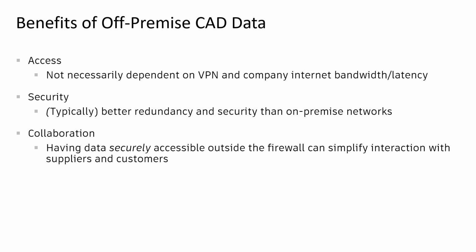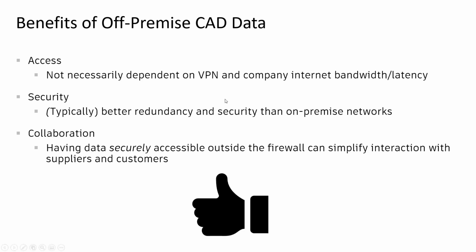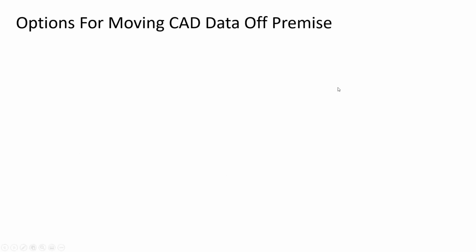You might be able to just share with them a link that they can go to and see what you want them to see and maybe even comment about it without having to deal with getting through the firewall. Right? So all that's good, right? Off-premise CAD data can be very good if it gets off-premise in the right way.